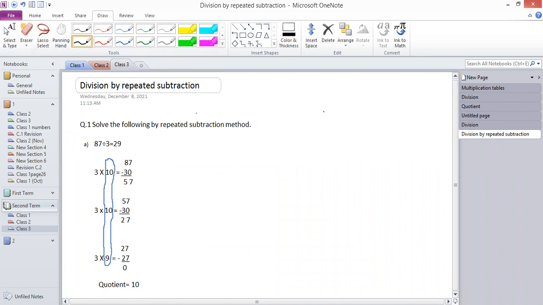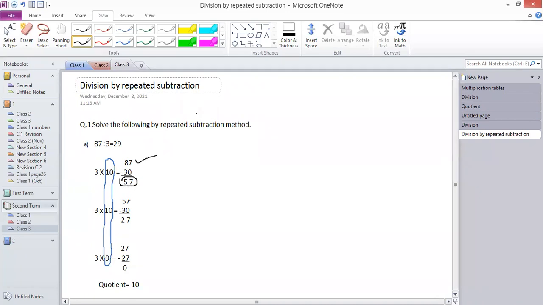How is it solved? You multiply 3 by 10 first. When you multiply 3 by 10, you get 30. So you will subtract 30 from 87. 7 minus 0, 7. 8 minus 3, 5. It is now 57. Again, you have to multiply by 10. 3 by 10, 30.